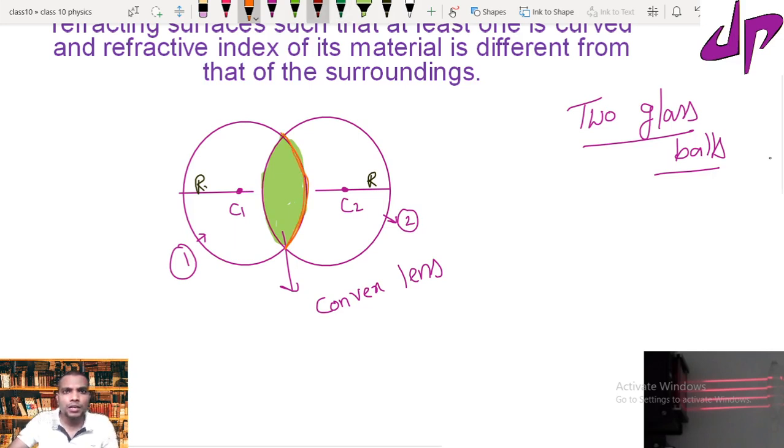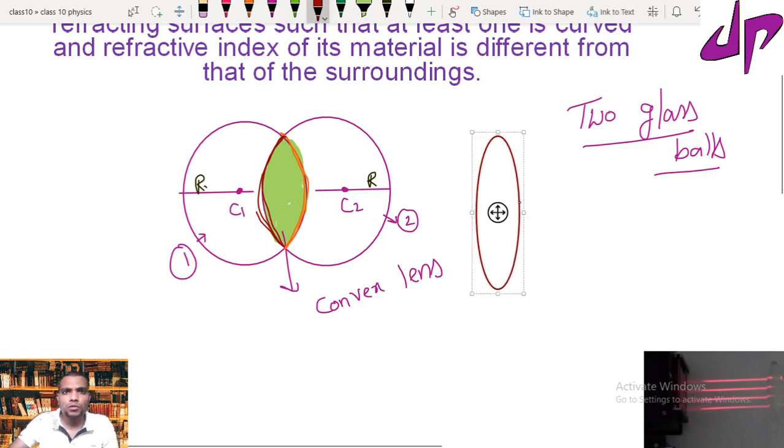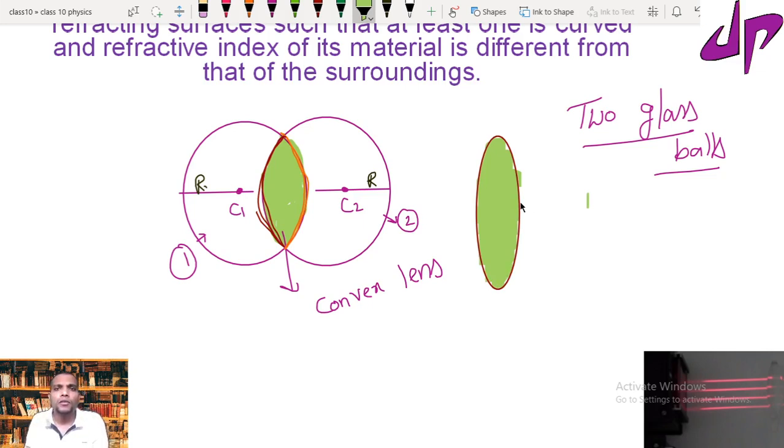C2 is the center of curvature of the other sphere, and this portion is the other radius of curvature. If I take the intersection part of those two, it may come like that. So if we take this middle portion of the two spherical surfaces, we call it a convex lens. This convex lens has two curvatures.